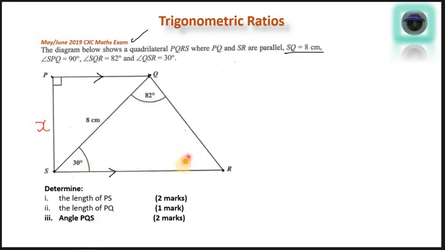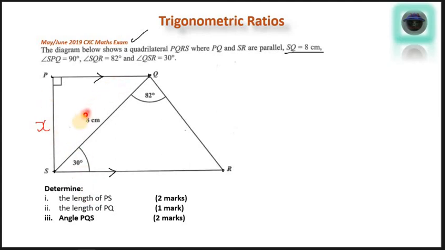Even if we find this angle here, that will have no impact on the length of these two sides. We won't be able to find these two sides just by finding this angle. However, can we identify any of these angles? Because currently we won't be able to use Pythagorean theorem to find the length of PS.